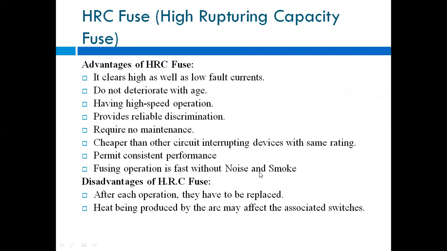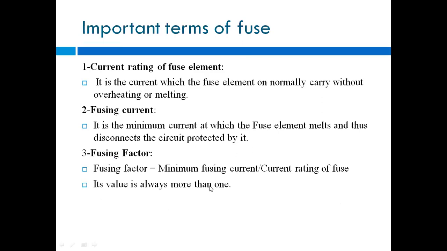We'll see that in the characteristics also. These are some advantages and disadvantages of HRC fuses. For all types of fuses we have to replace that part, we cannot reuse it. That is the main disadvantage of these fuses.